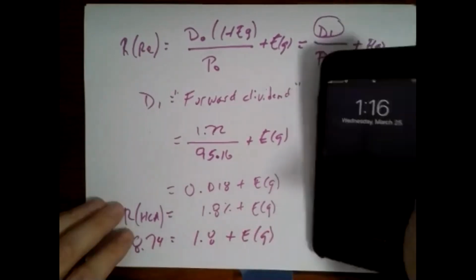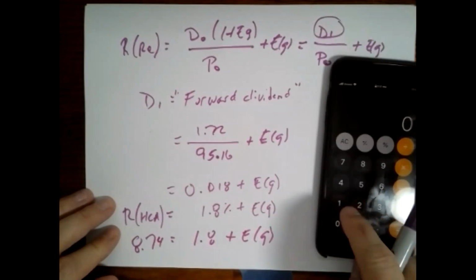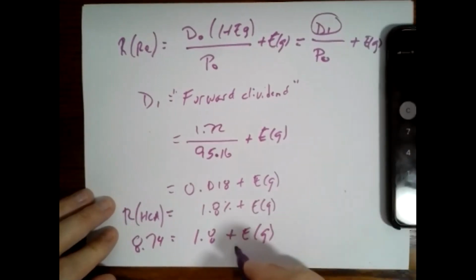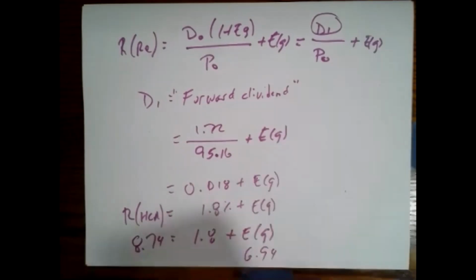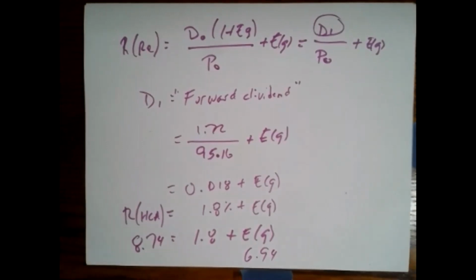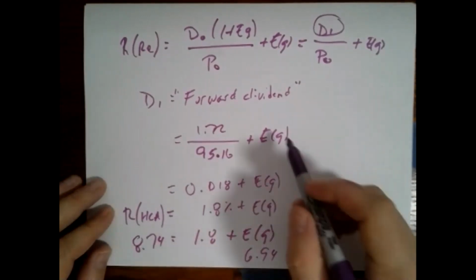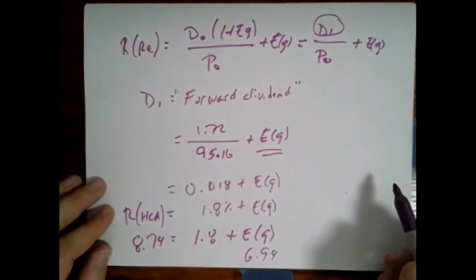And then we could say the market is saying that the expected growth rate is 8.74 minus 1.8, or about 6.94, which is pretty aggressive for a large cap stock like HCA. But regardless, you would want some estimate of the growth rate.